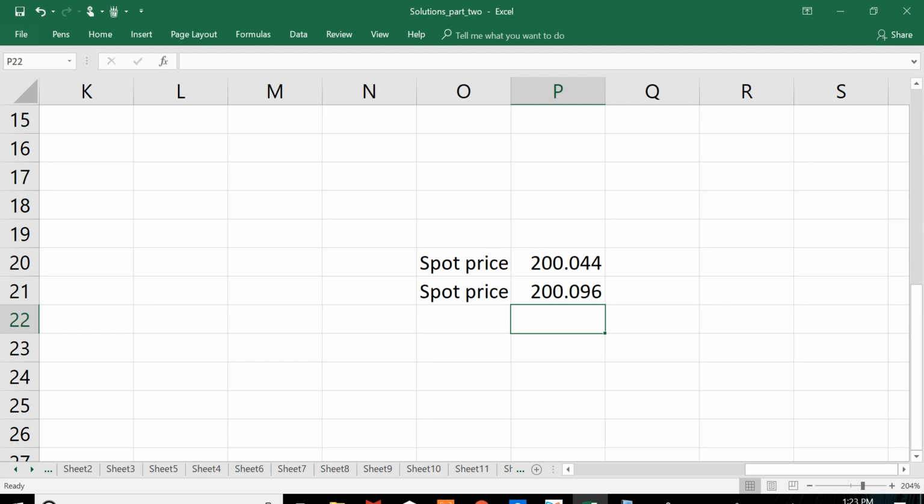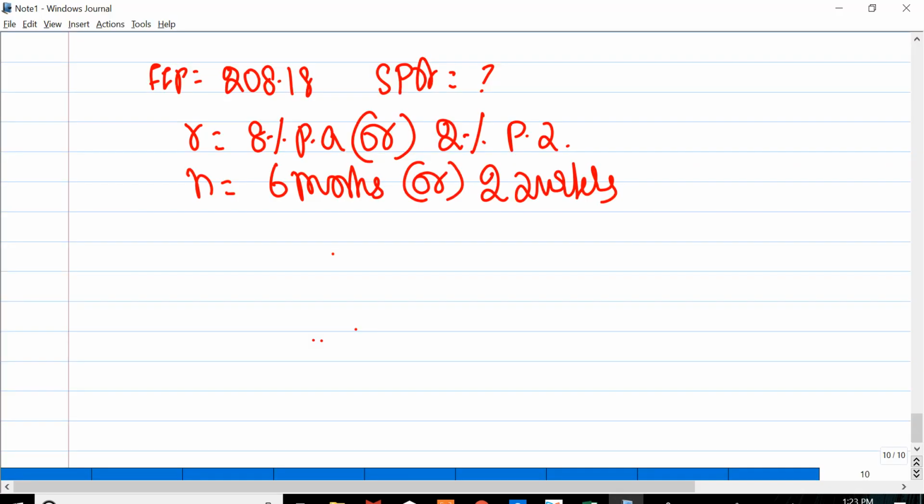Next is half yearly compounding. Again we capture the same thing. R will not be 8% or 2%.